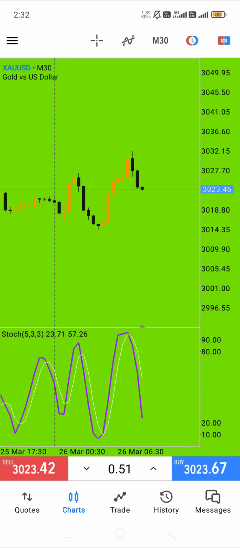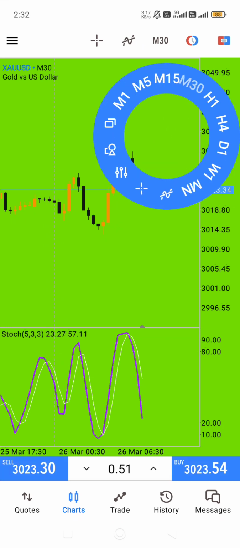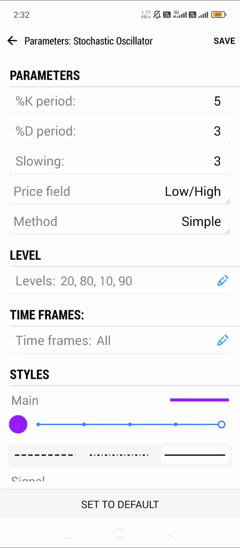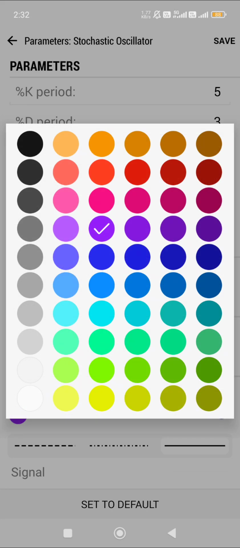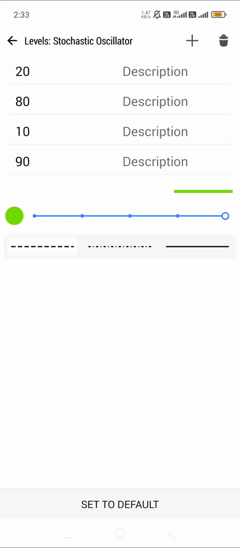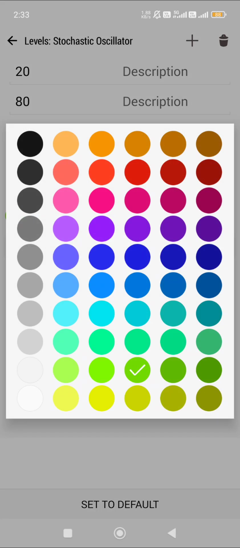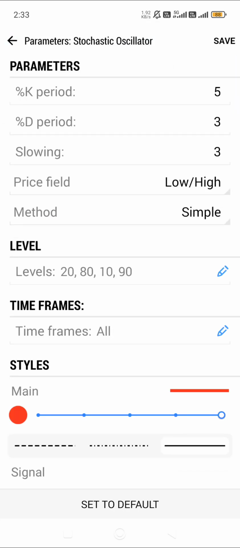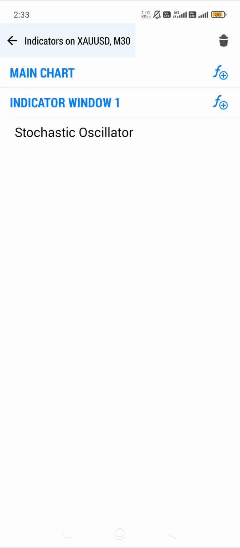Okay, I'll change to another color. This one purple, this one red, and the level is green. Green change to white. Save this line and go to the chart.